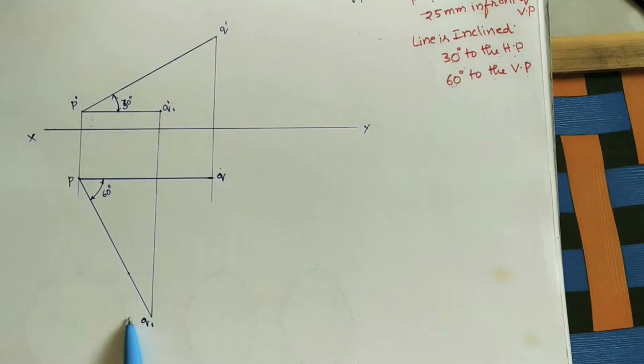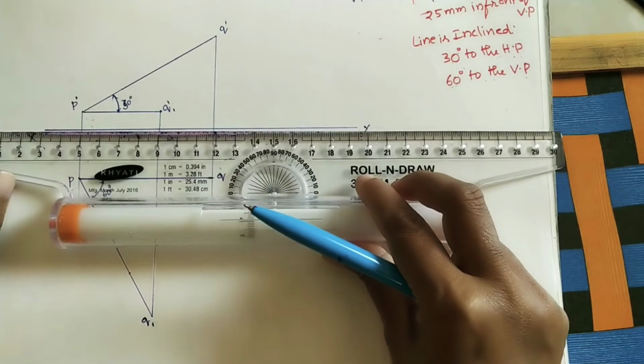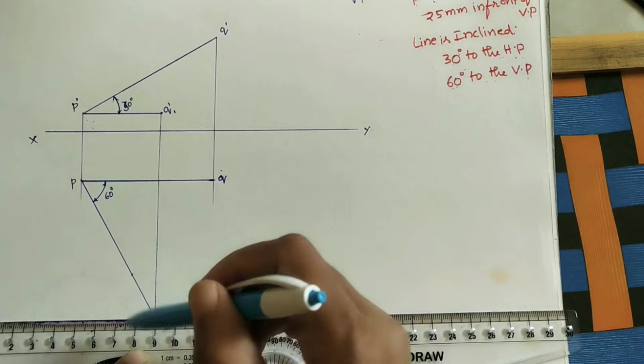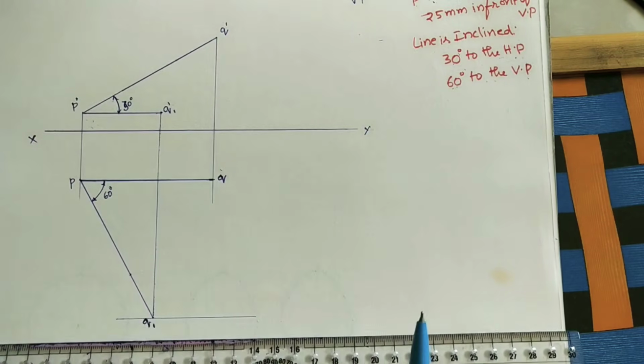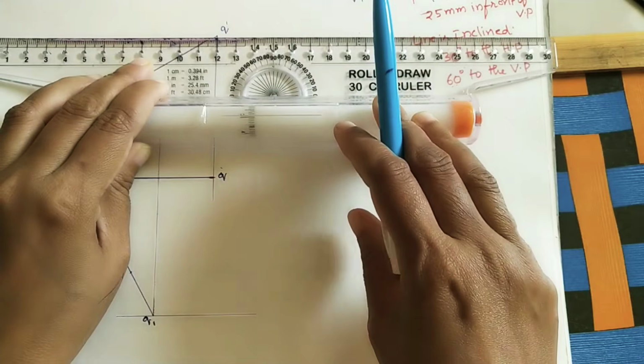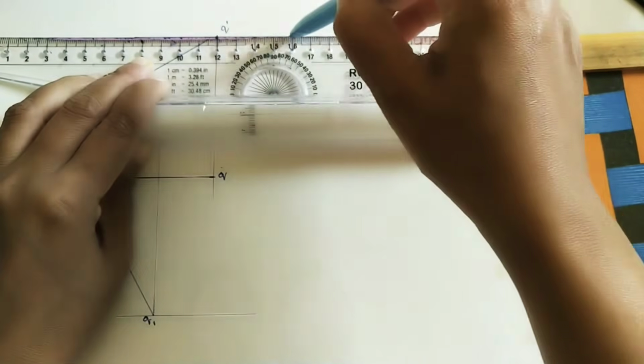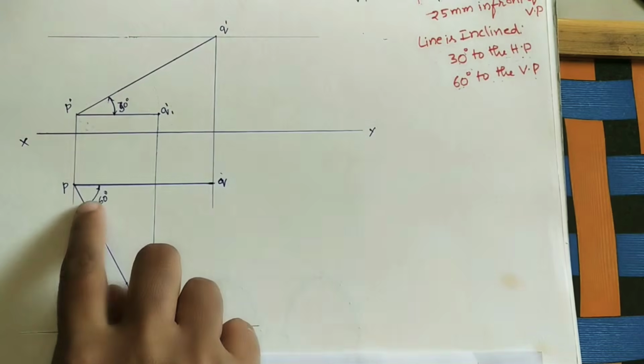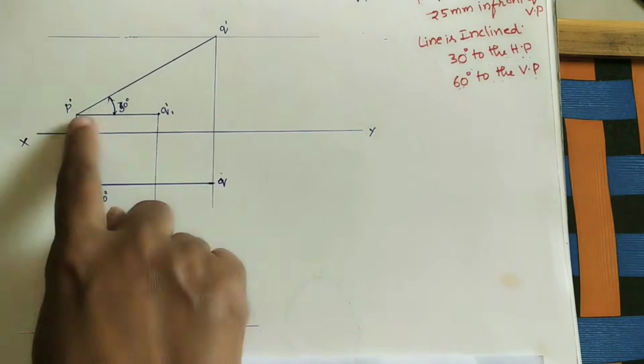Here also draw the locus of Q. Take this as the reference line. At Q1 draw the point line here, and here also draw the horizontal line, correct? Here we are taking two angles, only 30 degrees in this diagram and 60 degrees in this diagram.